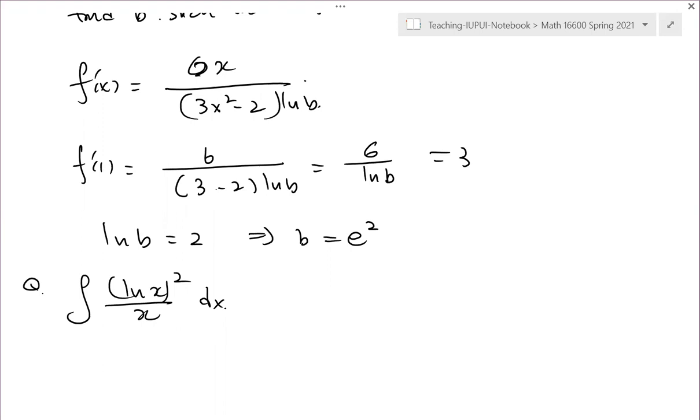Please try your best to evaluate this integral.